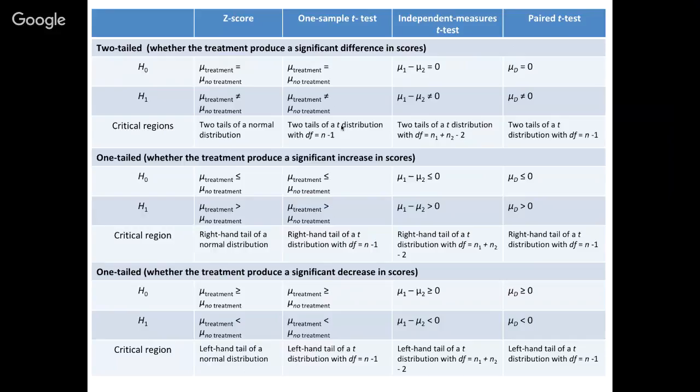The third factor is a two-tailed or one-tailed test. So in the exam, maybe I will ask you how many factors determine the critical region for a certain test, and then you need to know.